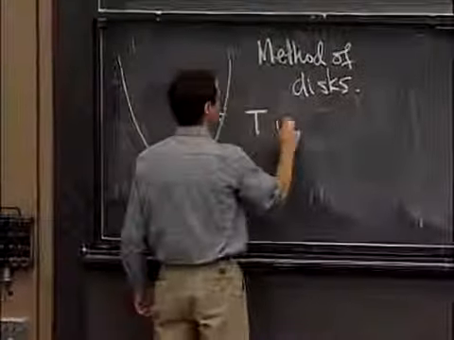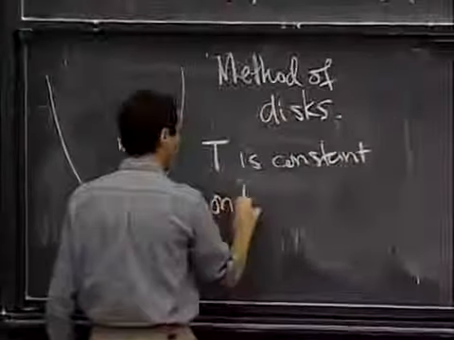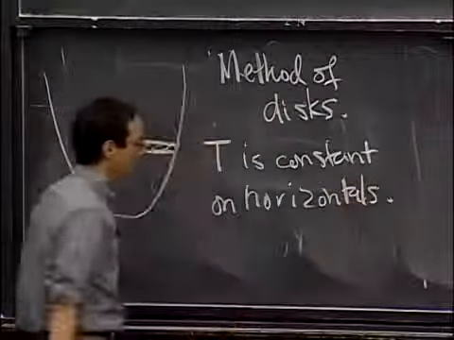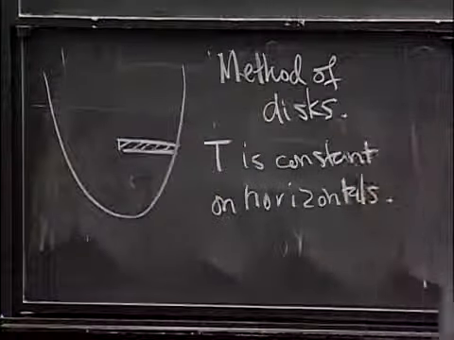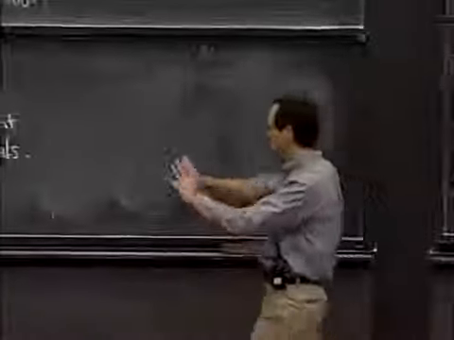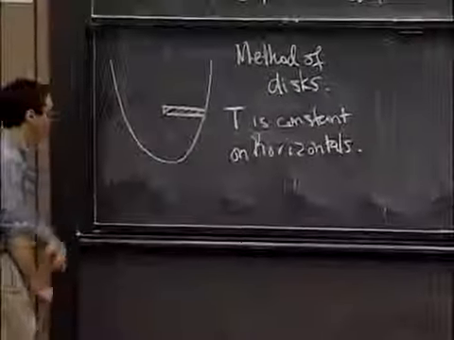So T is constant on horizontals. Actually, in disguise, this is that same trick that we have here. We can factor constants out of integrals. You could view it as an integral, but the point is that it's more elementary than that.